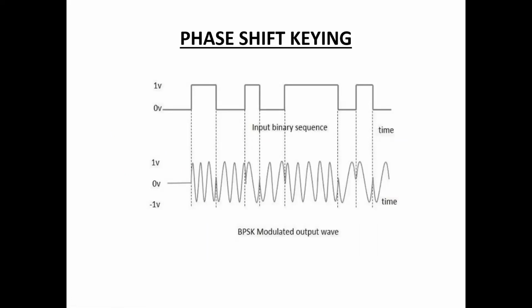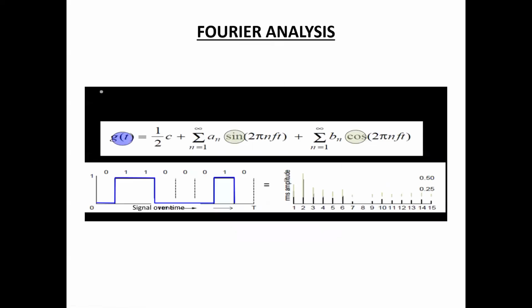The next topic is Fourier analysis. Fourier analysis says that a time varying signal can be equivalently represented as a series of harmonics, or a sum of sines and cosines.